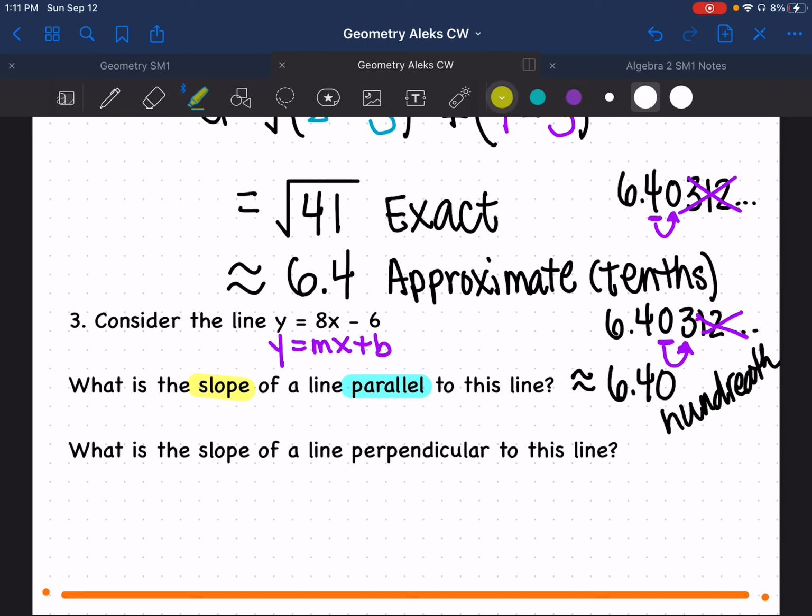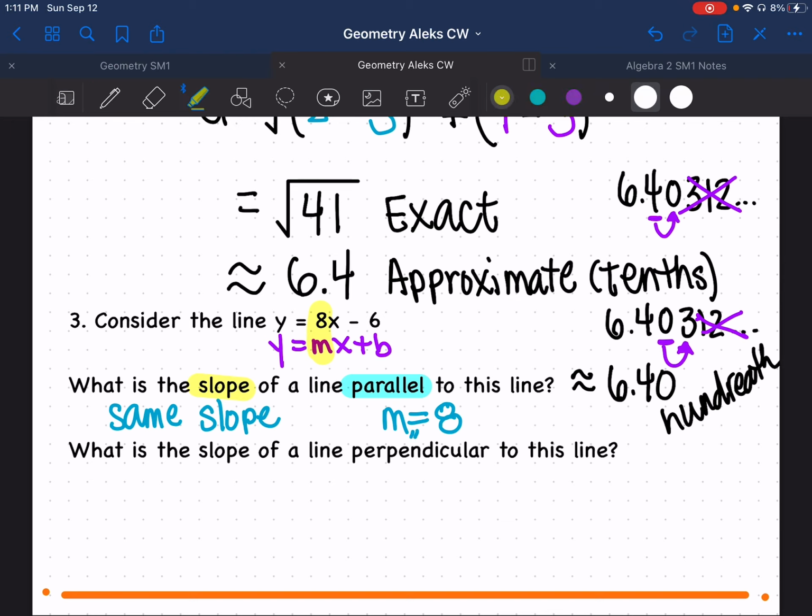Oh, good, it is. So then here is my slope. For my line parallel, they would have to be the same slope. They have to have the same slope. So m would equal 8 when we're parallel.